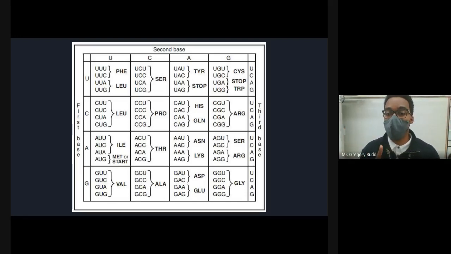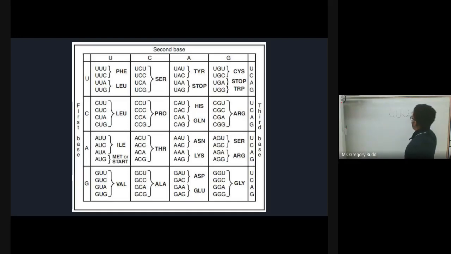The same thing applies to the cell here. For example, what I was just talking about. UUU is a codon that should give us the amino acid, I think it's called phenyl. I'm just going to use the abbreviation, PHE.